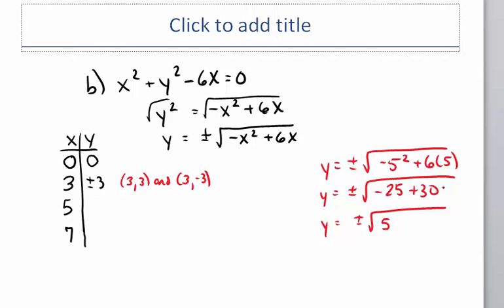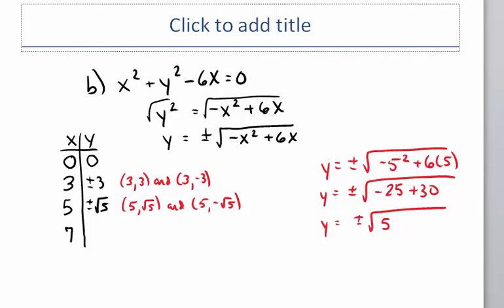So here we have as our solution positive or negative square root of 5. Which means that you have one point that's 5, square root of 5, and you have another point that's 5, negative square root of 5.